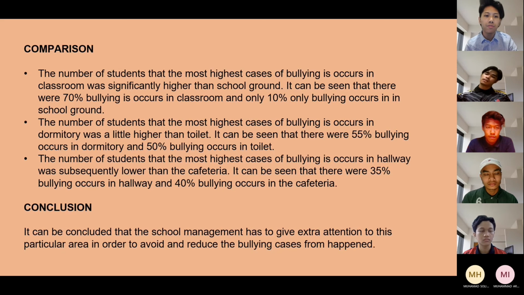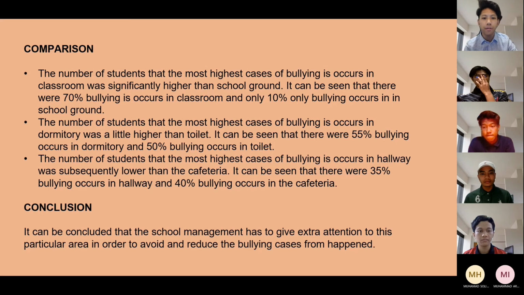Second, the number of students where bullying occurs in the dormitory was a little higher than the toilet. It can be seen that there were 55% bullying in the dormitory and 50% in the toilet. Third one, the number of bullying cases in the hallway was subsequently lower than the cafeteria.